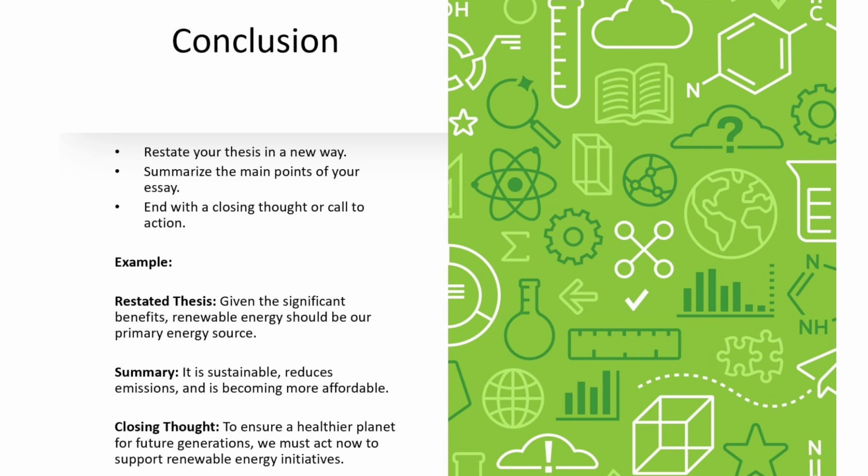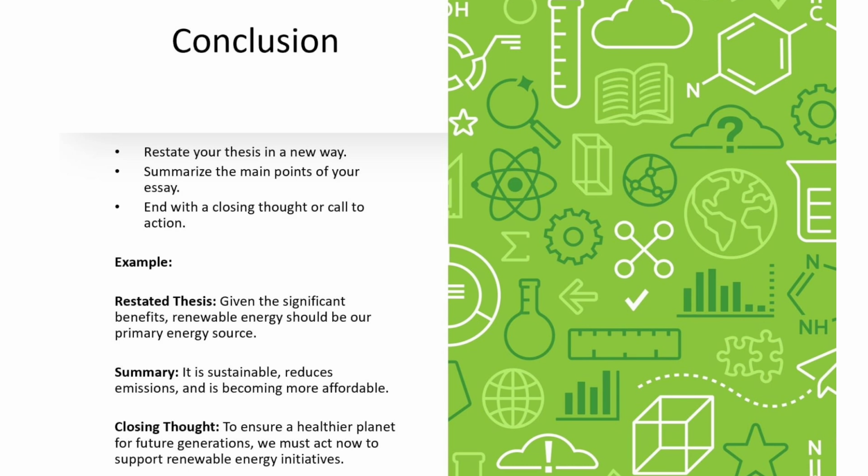For example, a counter-argument might be that renewable energy is too expensive to implement widely. You can refute this by explaining that while initial costs are high, the long-term savings on energy bills and environmental benefits outweigh the initial investment.